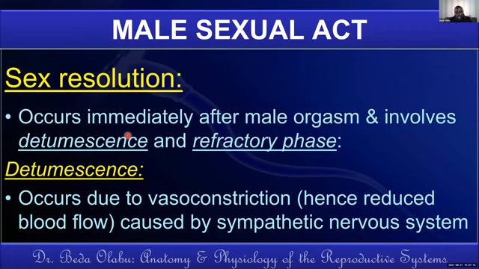Erection ends because during orgasm, the sympathetic nervous system is the one that was activated. Now we know the other effect of the sympathetic nervous system on blood vessels is that it causes vasoconstriction. Because of that vasoconstriction, there will be reduced blood flow to the penis. That means less veno-occlusion as well.